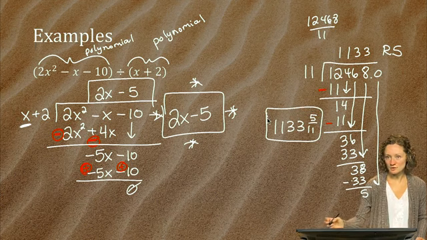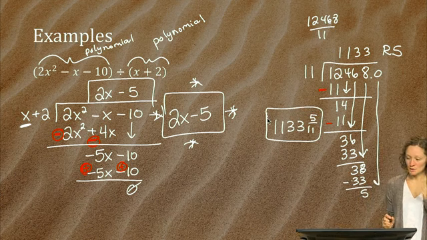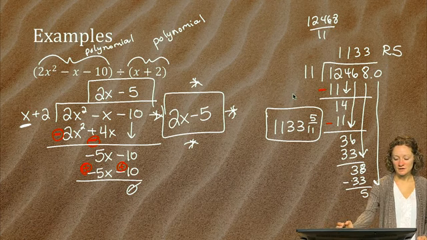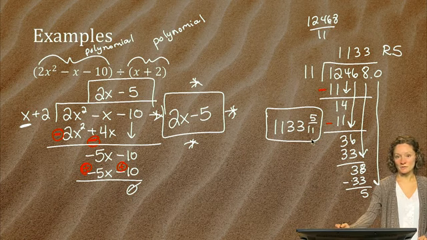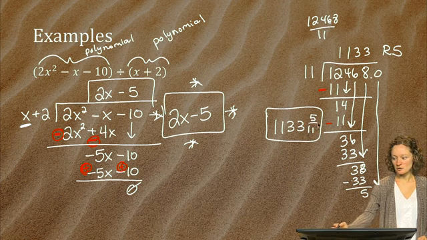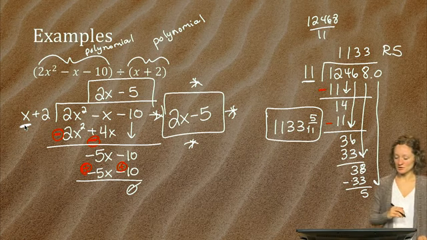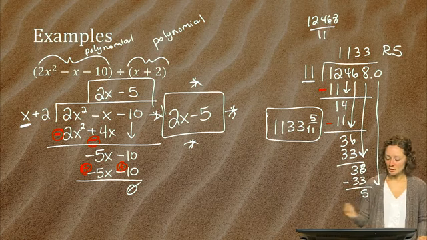The number problem would not ever be one you'd be asked to do, but draw the parallel with me. So when we divide by 11, we get 1,133 and 5/11. If we were to get a remainder, something that we couldn't multiply x to undo, this is how we're going to write it, with the fraction: whatever's left over, over the thing we divided by. In that case, 11, here x plus 2. All right, let's see another one.